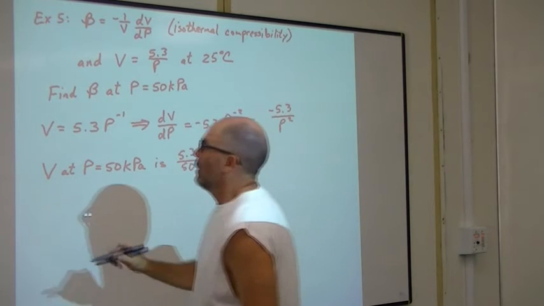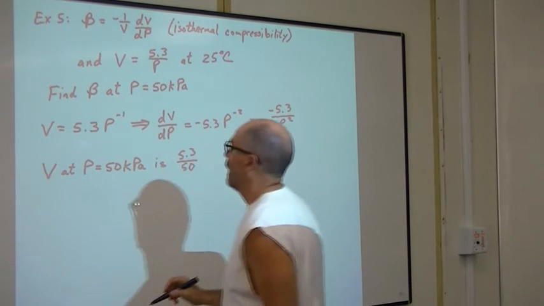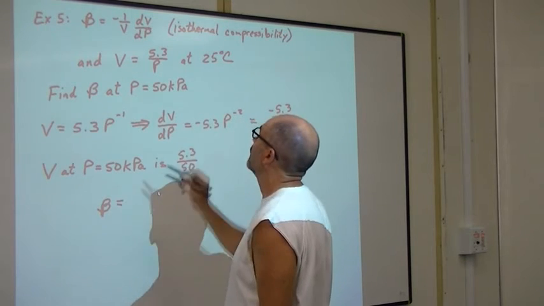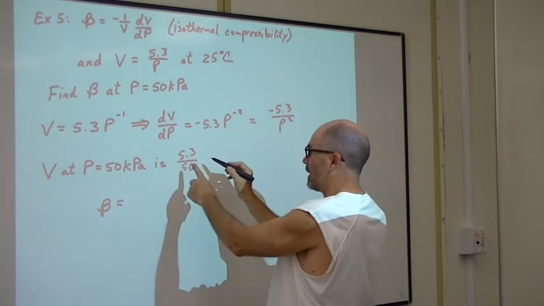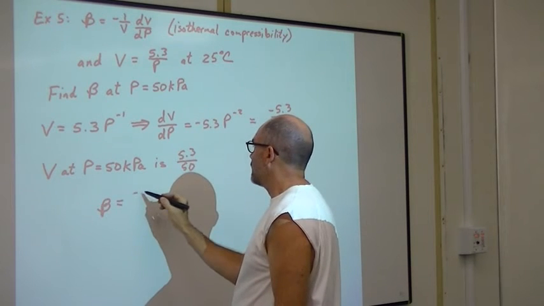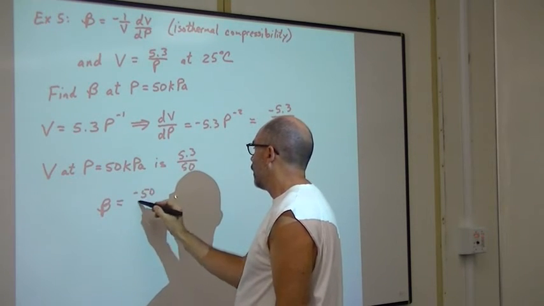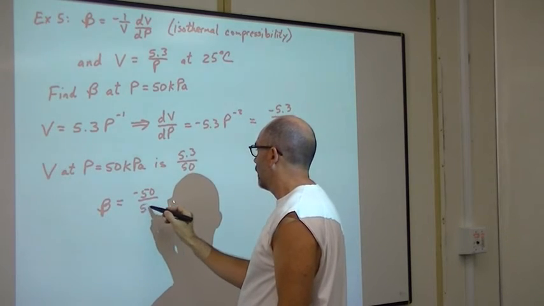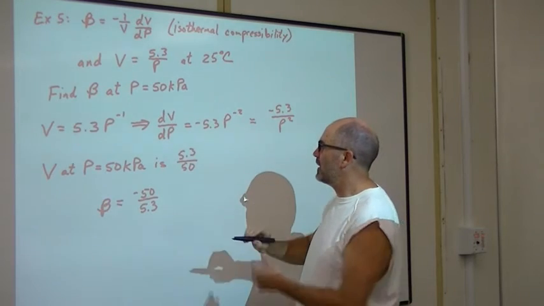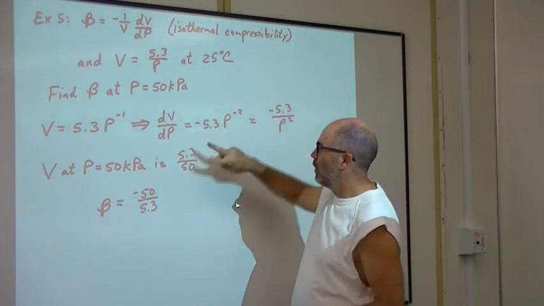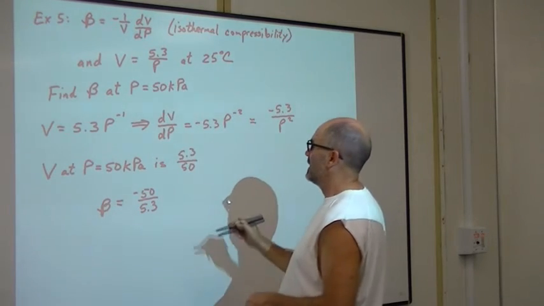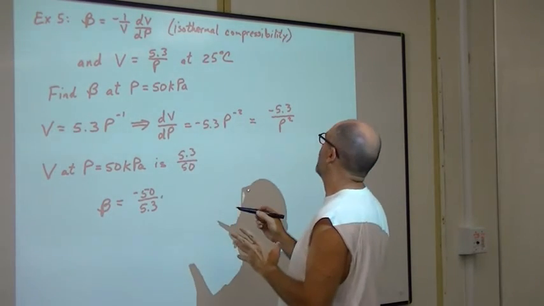All right, so now I've got beta equals negative 1 over V. Well, here's V right here. So if I go negative 1 over V, that just makes it negative 50 over 5.3. See, if V is 5.3 over 50, then negative 1 over it just flips it. Okay, times dV dP.